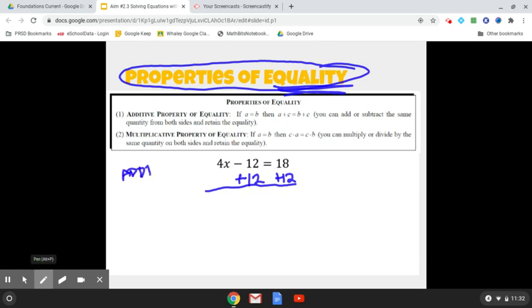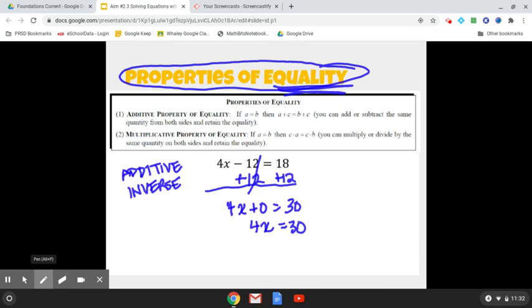We're doing the opposite operation, or what we call the inverse operation. Inverse means opposite in math. And it's not just that it cancels. Really what happens is negative 12 plus 12 is 0. So yes, typically we do this, but really what's happening is we get 0. And 4x plus 0 is just 4x. So we don't typically write that 0.